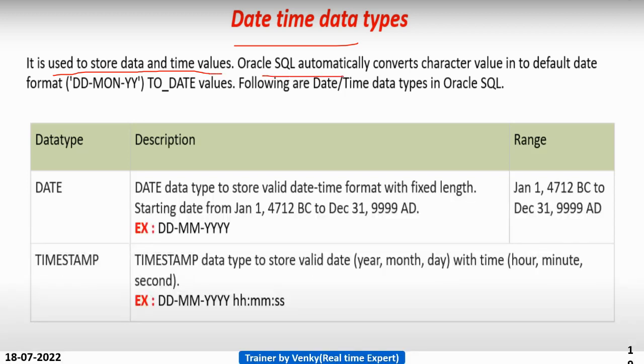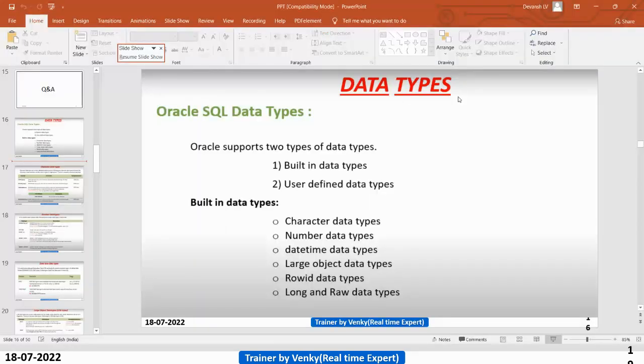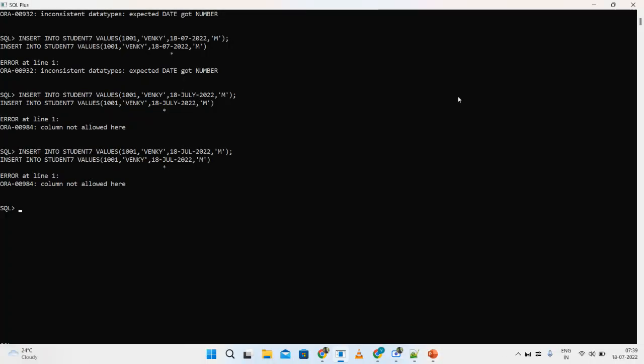So Oracle SQL converts character value into date value automatically. See, the default format is DD-MON-YYYY. So whenever you need to enter the date, that should be within single quote.